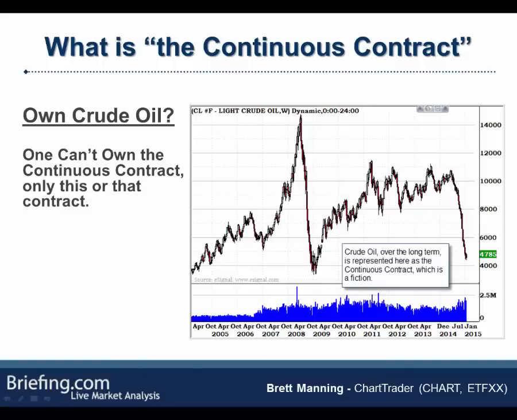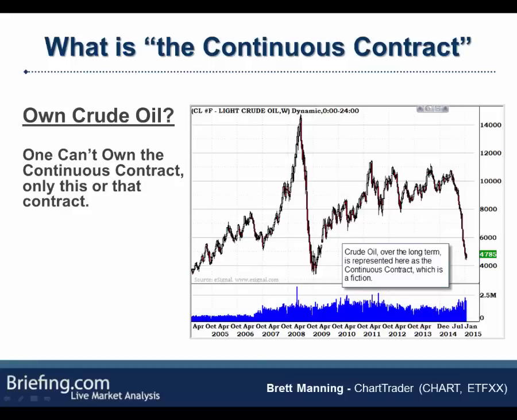I mean, I guess the only way that you could theoretically get the same result as this is if you owned a bunch of barrels of crude oil. I mean, maybe you could sit them around your apartment, use them to hold up your dinner table. That's about it. Otherwise, if you own March crude oil now and you want to own crude oil, let's say you bought crude oil, you want to own it for the rest of the year. You want to own crude oil in 2015.